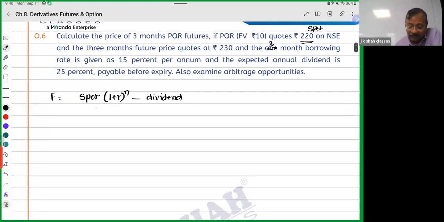Now spot is 220 into 1 plus 0.15 divided by 12 into 3, minus rupees 2.5, 25% dividend. That is 220 into (1 + 0.15/4) minus 2.5.